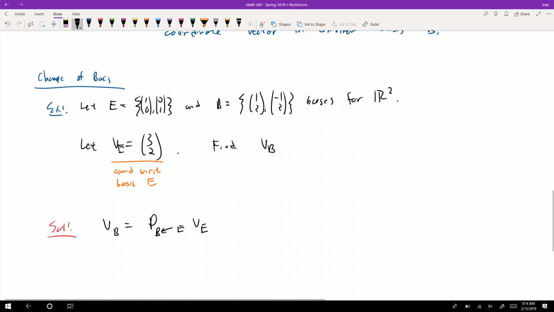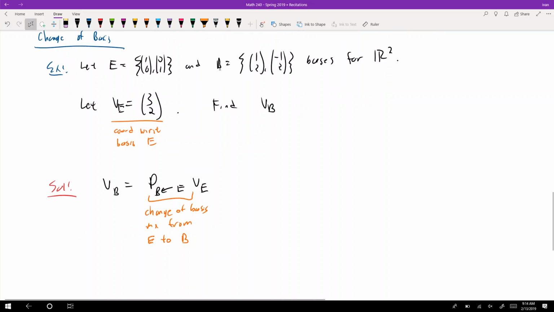So this is the change of basis matrix from E to B. So you start at E and the arrow says you're going to B. The book notation writes it like this, which makes no sense because how do you know where you're going?